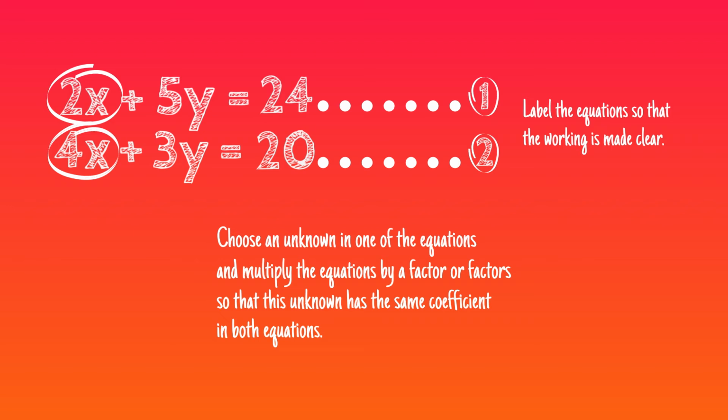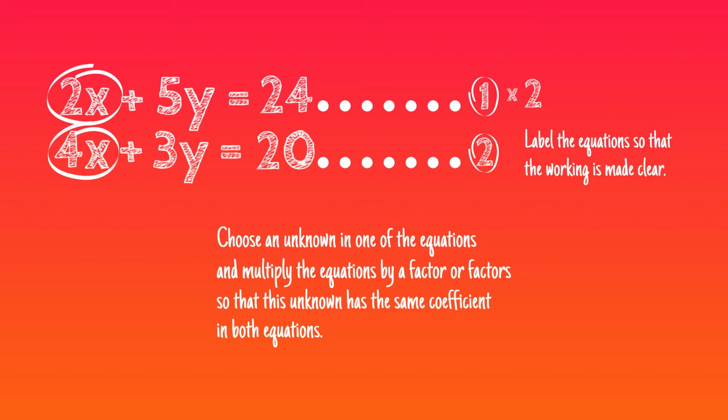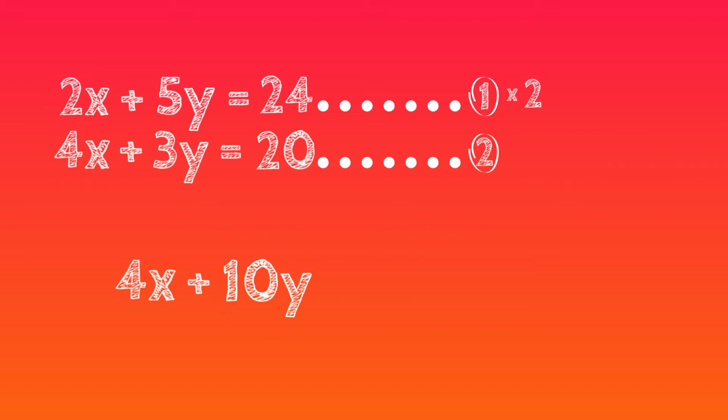So that when we say 4x take away 4x, we'll get a 0. So we are going to double equation 1. So we are going to multiply equation 1 by 2 throughout. So when we multiply equation 1 by 2, we get 4x plus 10y equals 48.